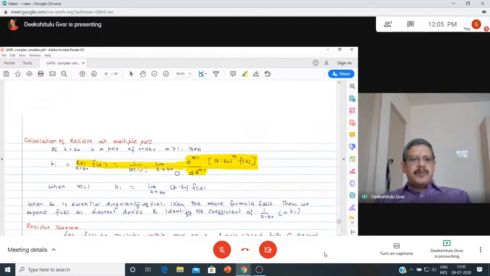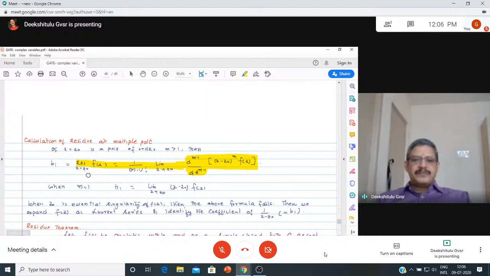If it is a multiple pole, then what happens? In the Laurent expansion, you have m number of terms, a finite pole. Then the residue at z0 of f(z) is given by 1/(m - 1)! times the limit as z goes to z0 of the (m - 1)th derivative of (z - z0)^m f(z).